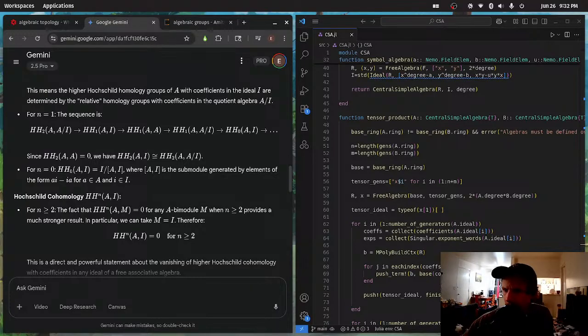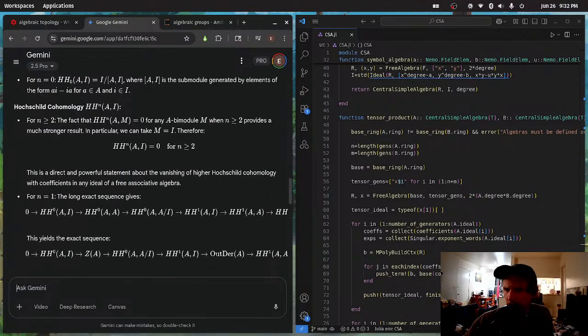So HH1(A, A) is something, HH0(A, A) is something, and HH1(A, I) and this thing, not so clear. For n equals 0, this is I mod [A, I], where [A, I] is the submodule generated by elements that look like brackets. And Hochschild cohomology HH^n is 0 for any bimodule.